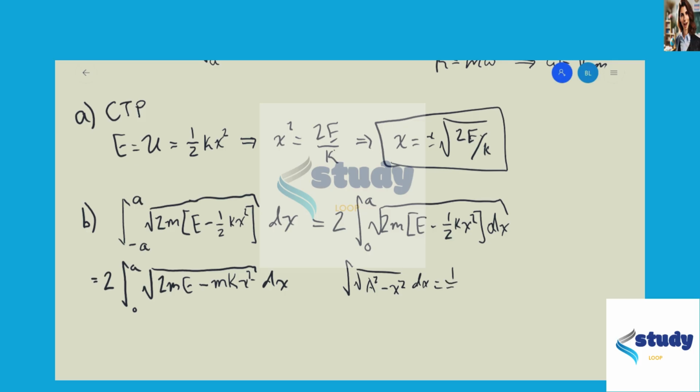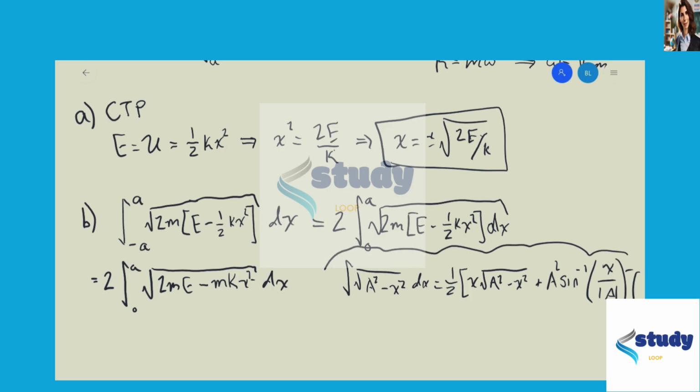And you'll wind up with 1/2 times quantity x times the square root of a squared minus x squared plus a squared times the inverse sine of x over the magnitude of a, end quantity. We're going to use this standard integral in this problem.